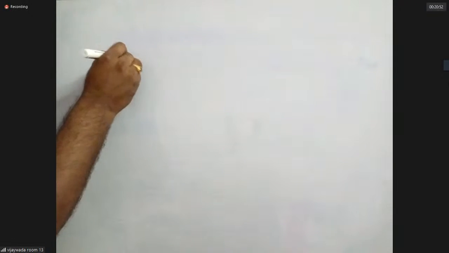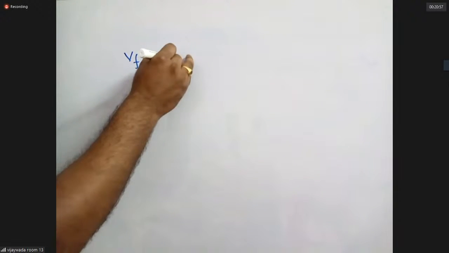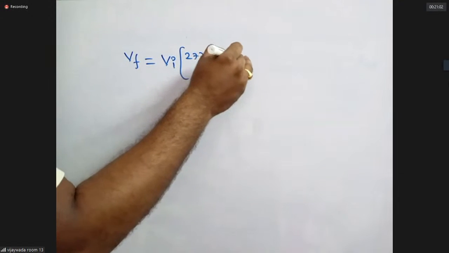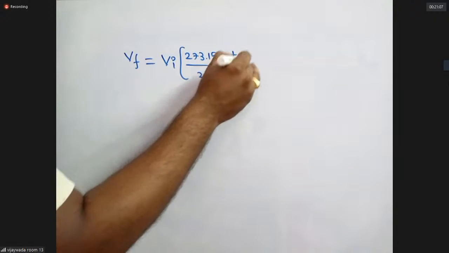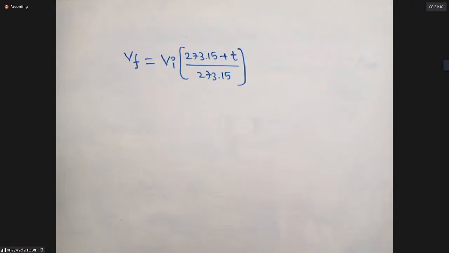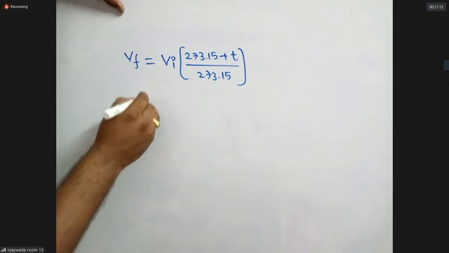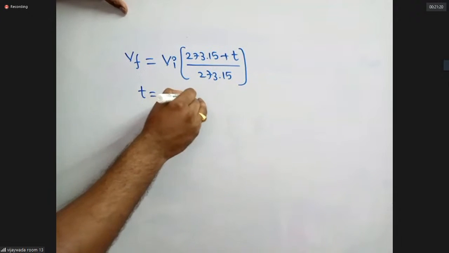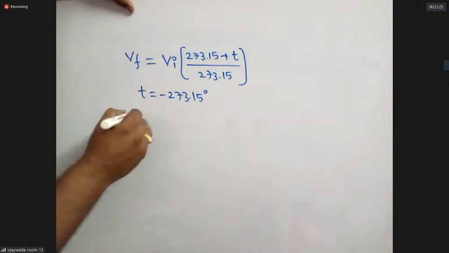One important conclusion from Charles' law, very important: V final equals V initial into (273.15 plus T) by 273.15. If you decrease the temperature to minus 273.15 degrees, then what is the V final?